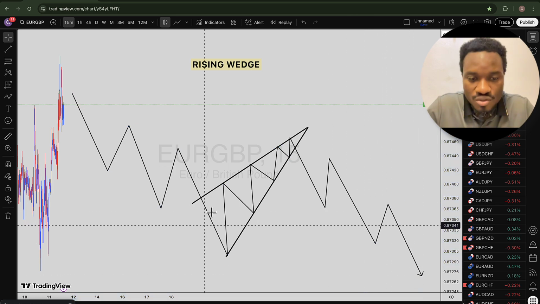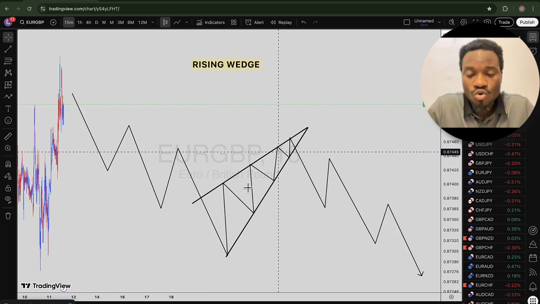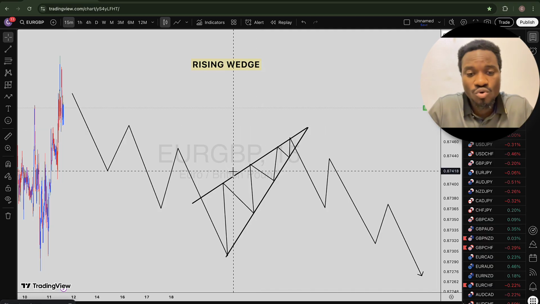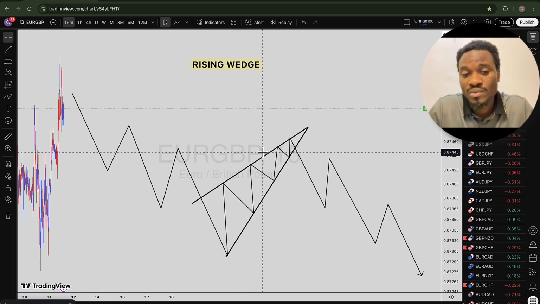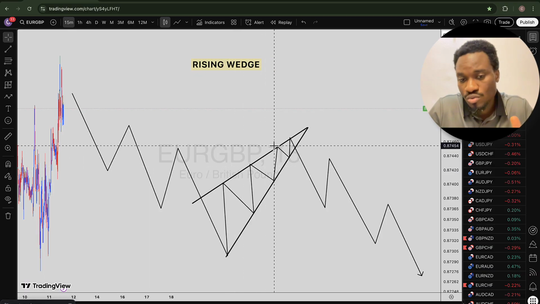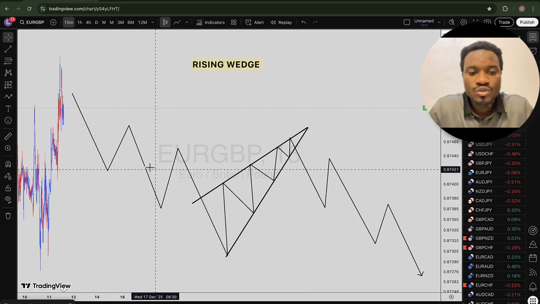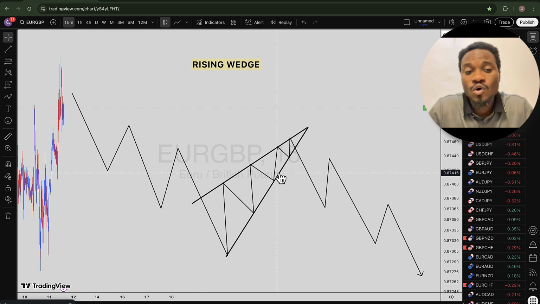So in this scenario, the rising wedge, or the rising narrow wedge, whichever you want to call it, the falling wedge or the bullish wedge, but I prefer you call it rising or falling. So a rising wedge in a downtrend means there's a higher probability for the market to continue in the downtrend when it breaks out of the pattern. You can see that. This is how this pattern operates.